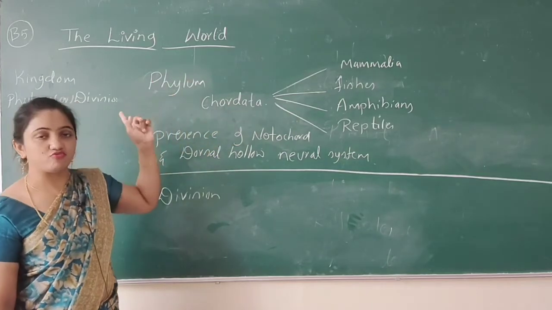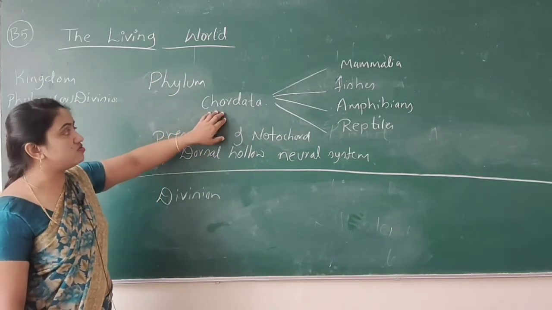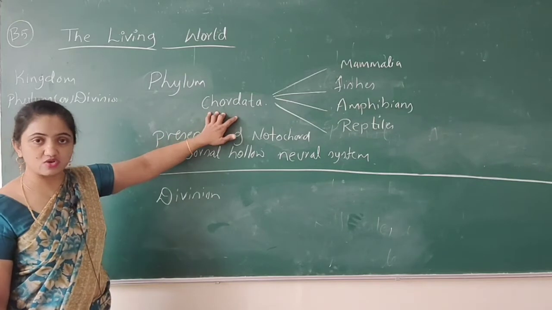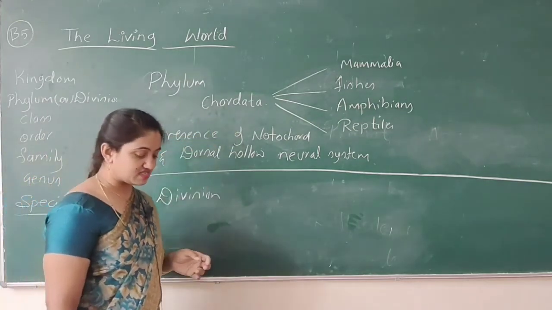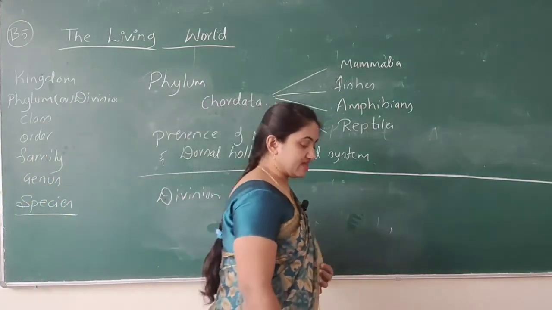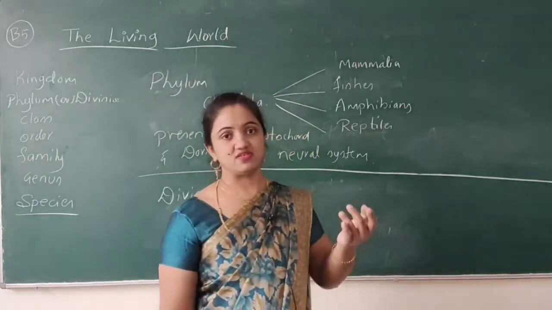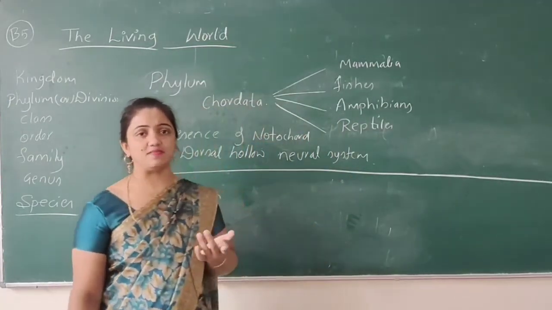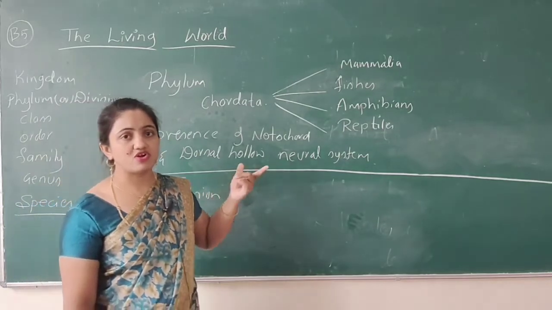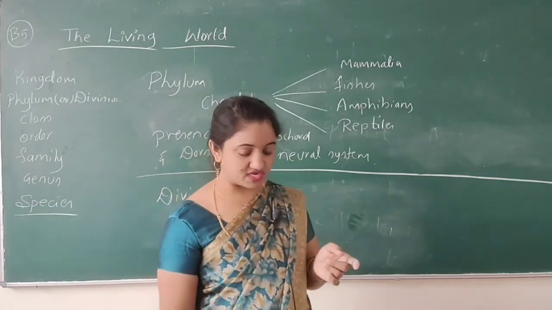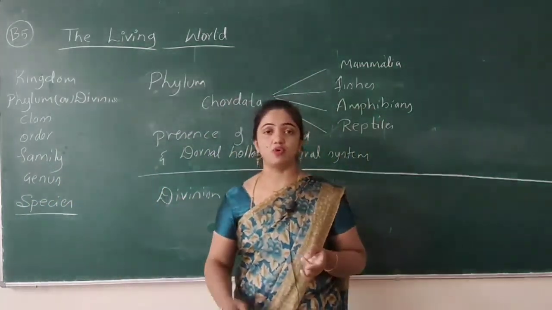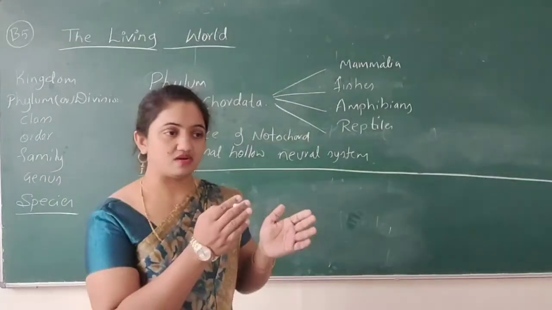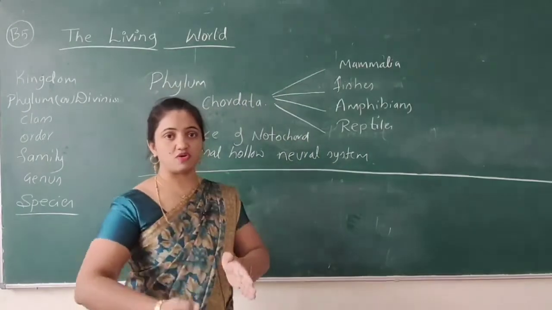If I give one more example, the name is non-Chordata. Under the non-Chordata, species like sponges and platyhelminthes, a number of animals will come. In the bridge course itself, I have described all those animals, the non-chordates and the chordates.